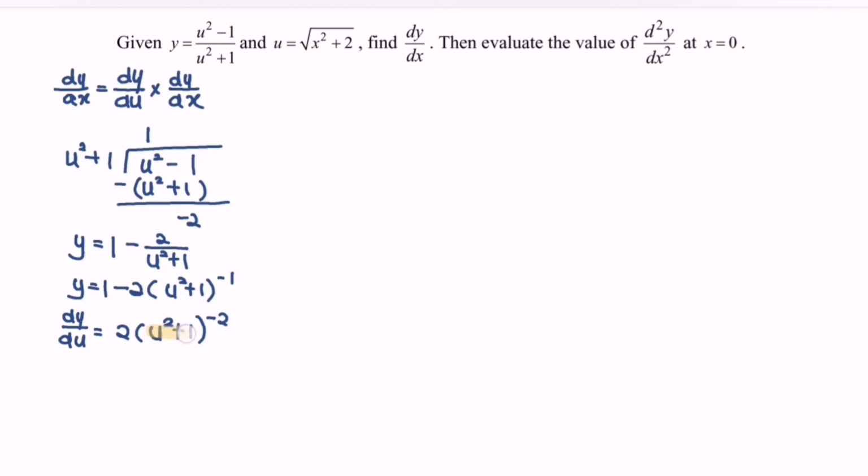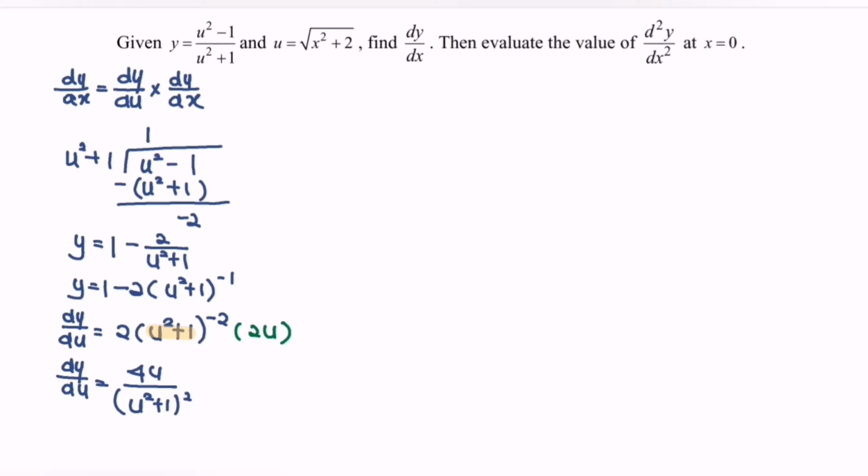Differentiate u squared plus 1 and we will have 2u plus 0. So finally, dy/du equals 4u over u squared plus 1 to the power of 2. So here is the first part, dy/du.